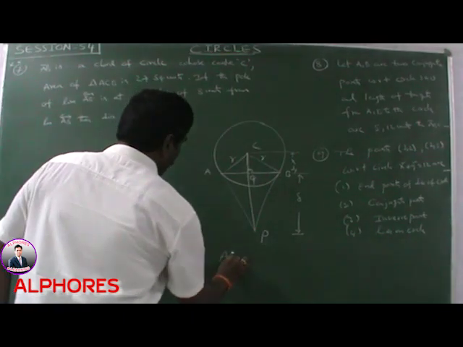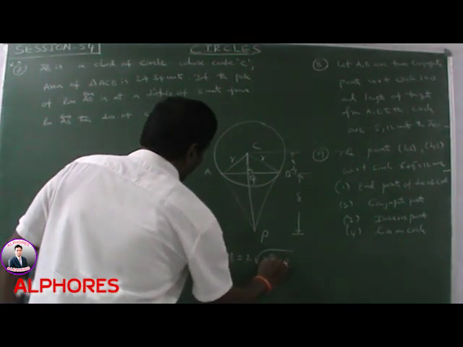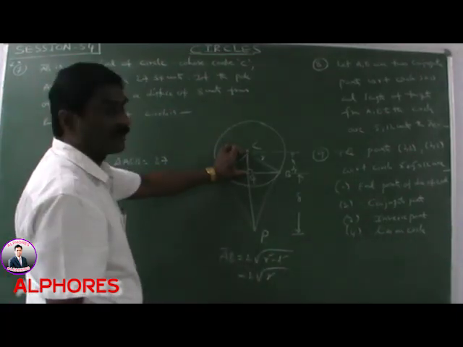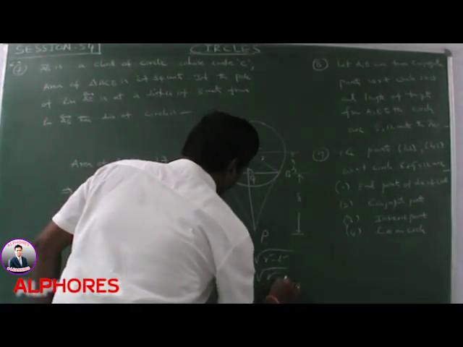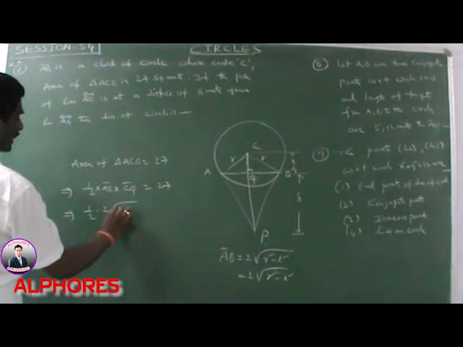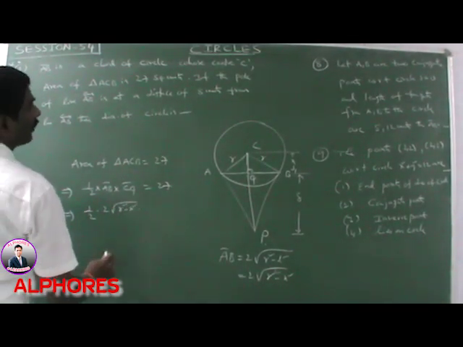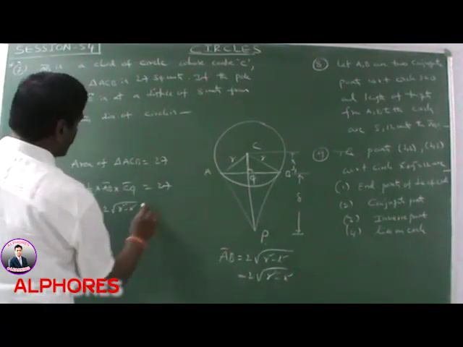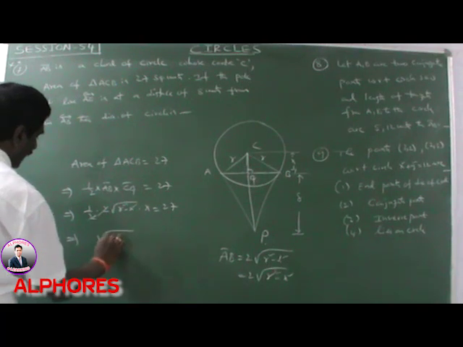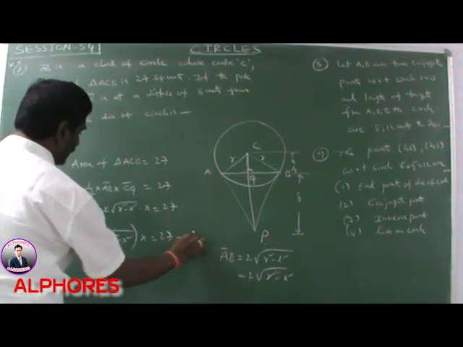Here AB is equal to 2 root (r square minus d square), radius is r, d is the perpendicular distance CQ, and CQ is equal to x. So root (r square minus x square). That means half into 2 root (r square minus x square) into CQ, which is x, is equal to 27. The 2 cancels. That means root (r square minus x square) into x is equal to 27. It is equation number 1.